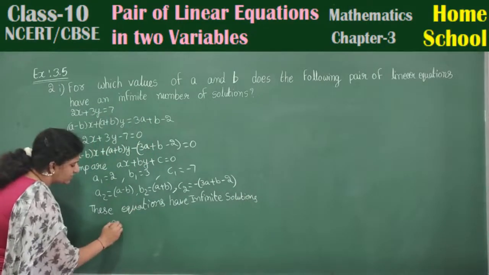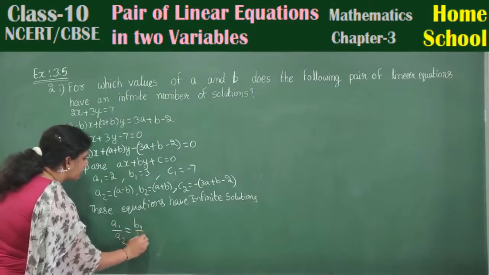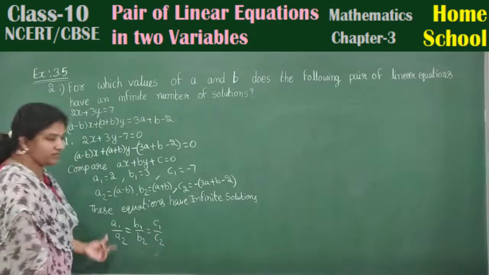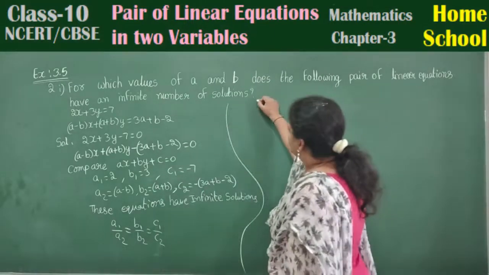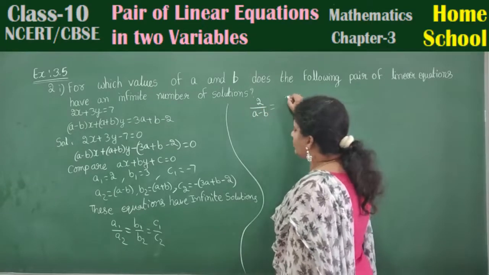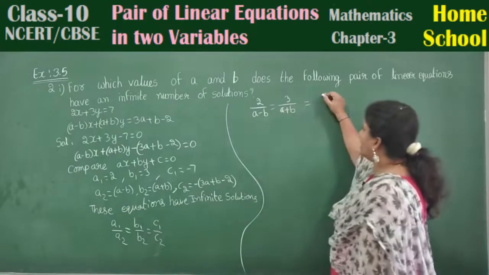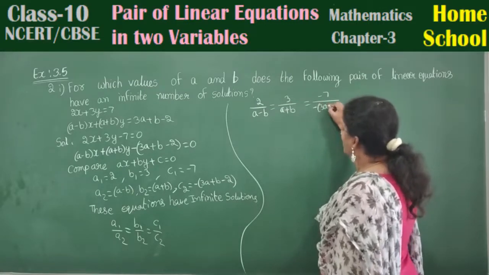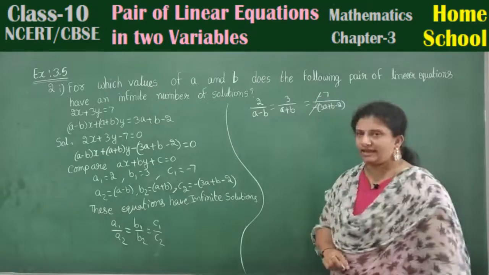If they have infinite solutions, I can write the ratio as a1 by a2 is equal to b1 by b2 is equal to c1 by c2. Okay, write these values here. a1 to a2, a minus b is equal to b1 3, b2 a plus b. Then c1 minus 7, c2 minus of 3a plus b minus 2. Now observe here, minus minus will be cancelled.